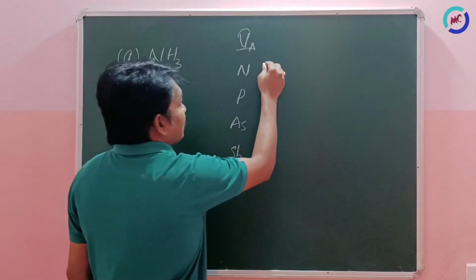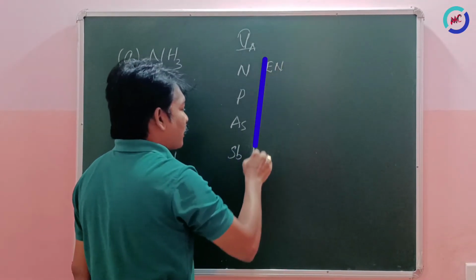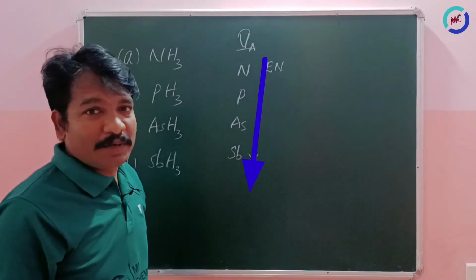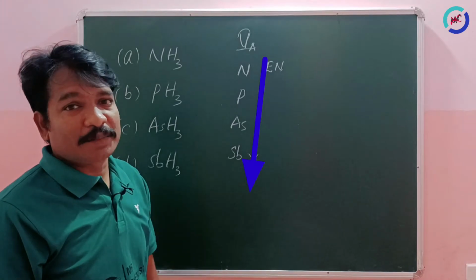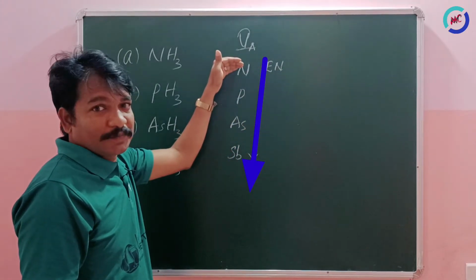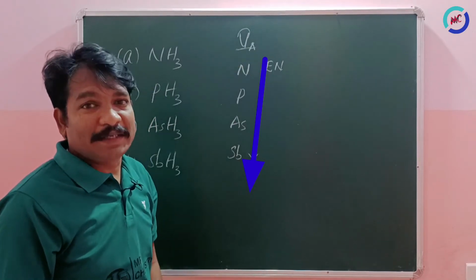And here the electronegativity decreases from top to bottom. What is the relation between electronegativity and bond angle here? Very important point. If the electronegativity of the central atom decreases from top to bottom, its bond angle also will decrease from top to bottom.